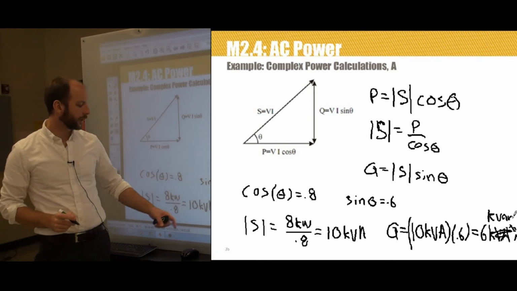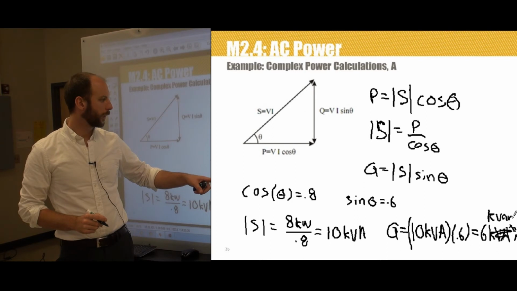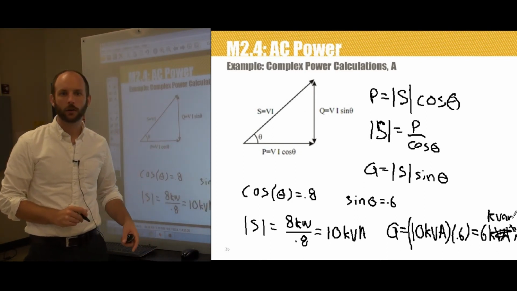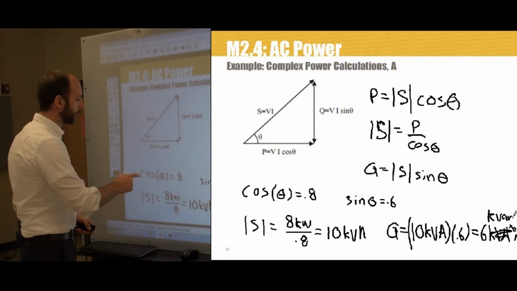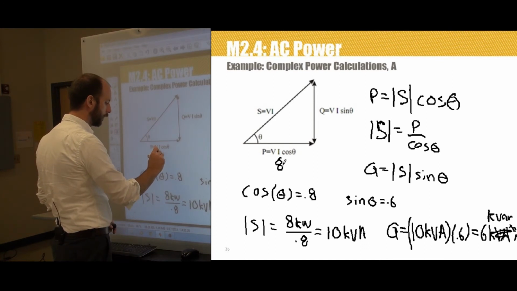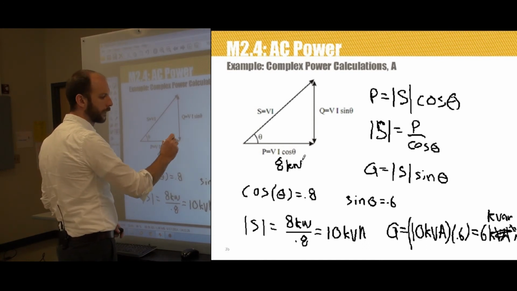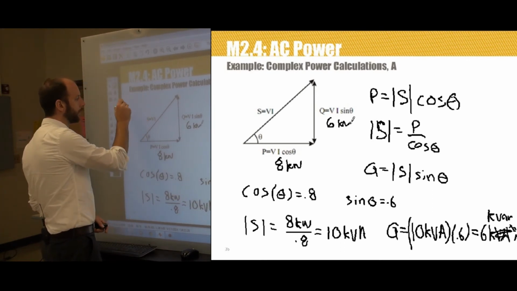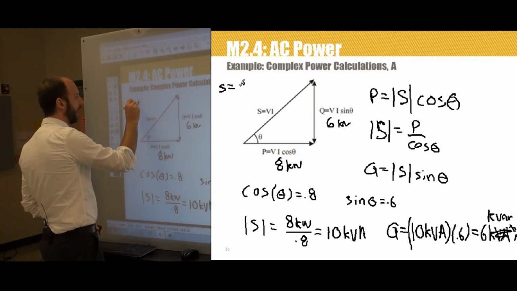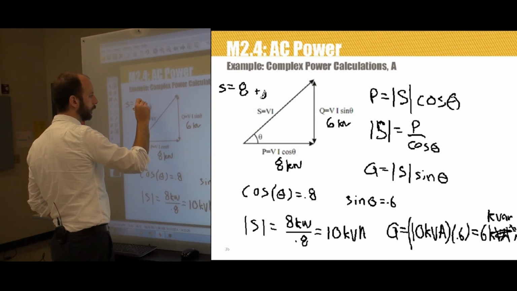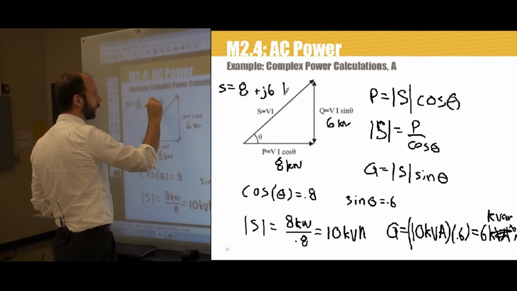So we've got the magnitude of S is 10 kilovolt amps, the magnitude of P is 8 kilowatts, and the magnitude of Q is 6 kilovar. If we wanted to, we could plug these into the triangle. We could say that this is 8 kilowatts here, and then this value here is 6 kilovar. And that shows us that we could represent S as equal to 8 plus j6 kVA, right?